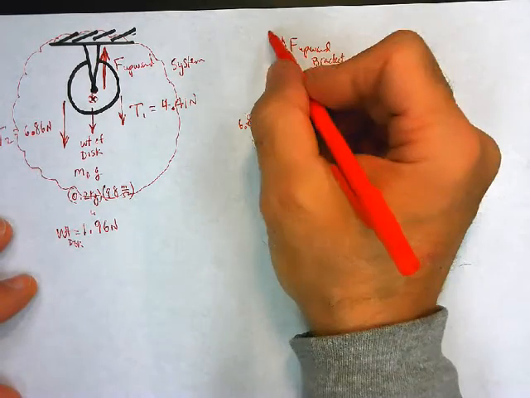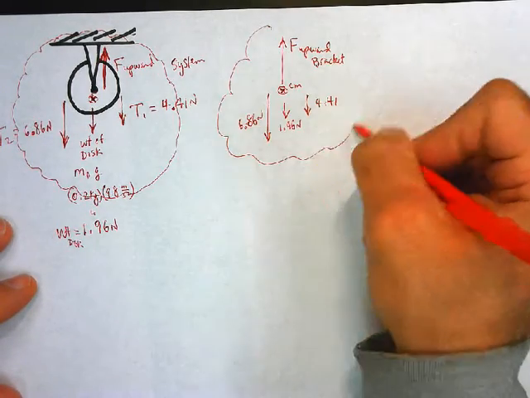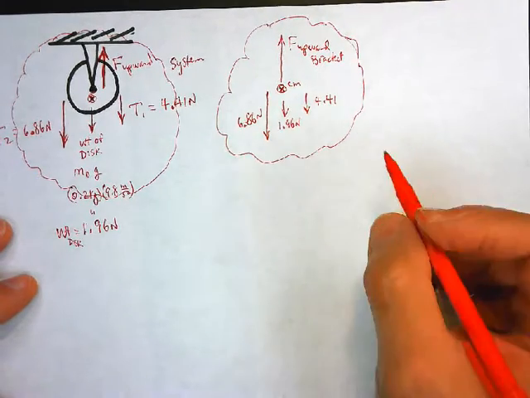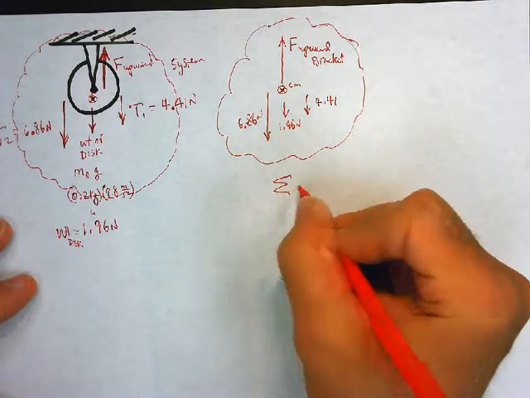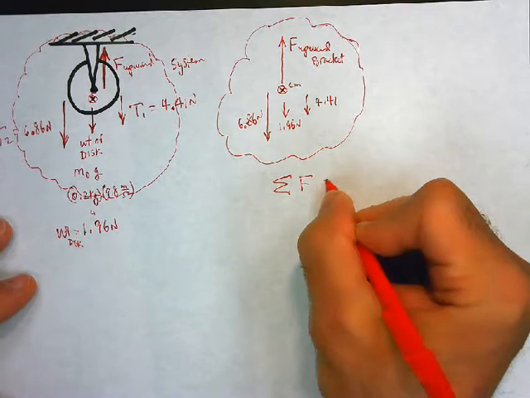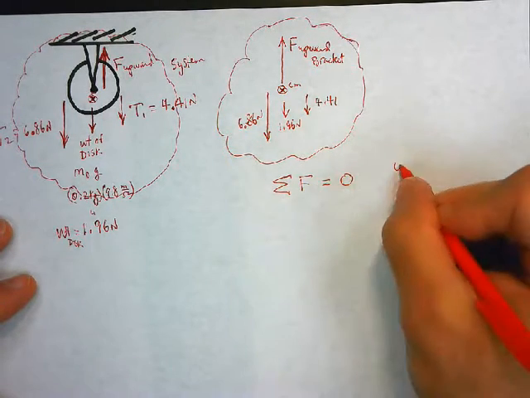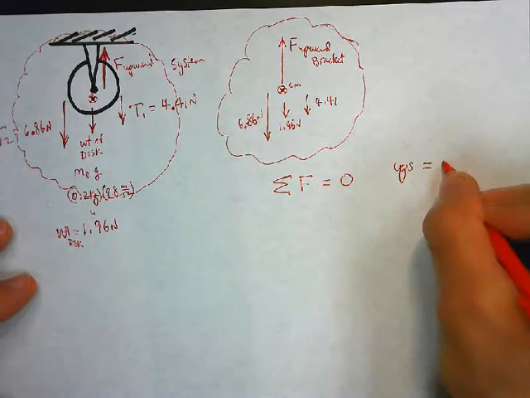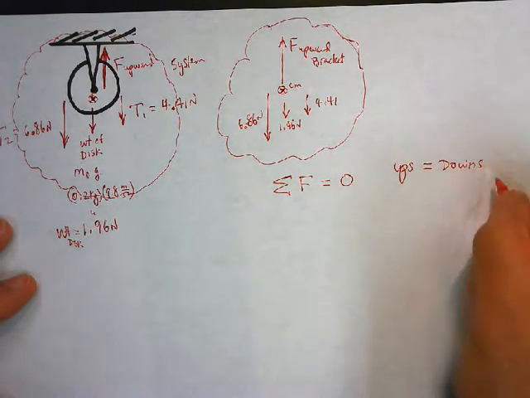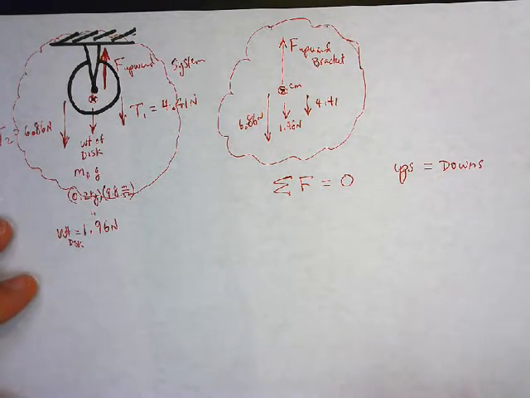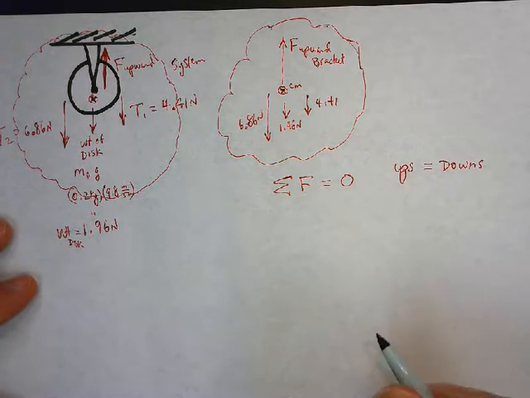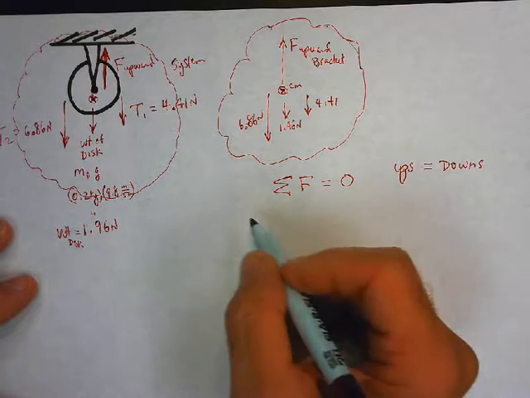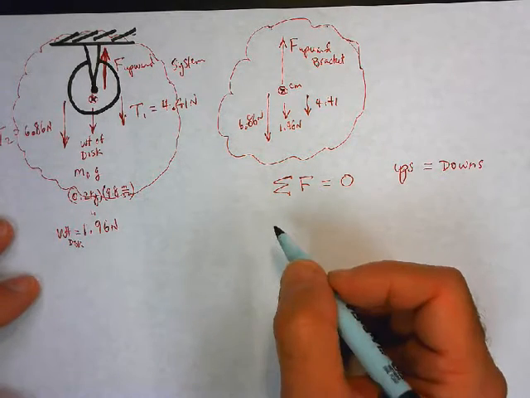So in this case, since the center of mass is not changing, we can say that the sum of the forces, or the net force, is equal to 0. In other words, the ups have to equal the downs. So that's not such a bad thing.